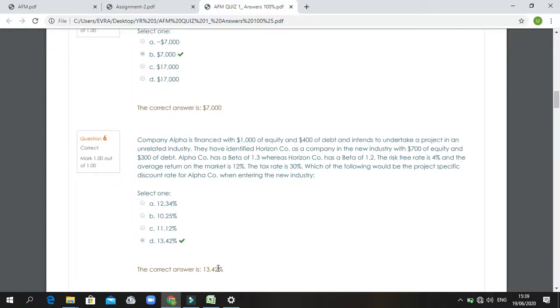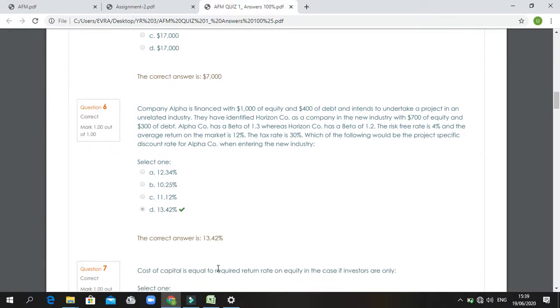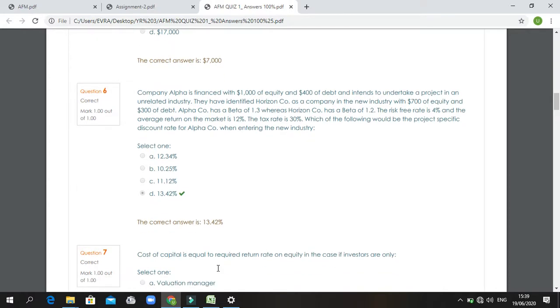For question 6, company Alpha is financed with 1,000 of equity and 4,000 of debt, and intends to undertake a project in an unrelated industry. They have identified Horizon company as a company in the new industry with 7 of equity and 300 of debt. Alpha company has a beta of 1.3, whereas Horizon has a beta of 1.2.